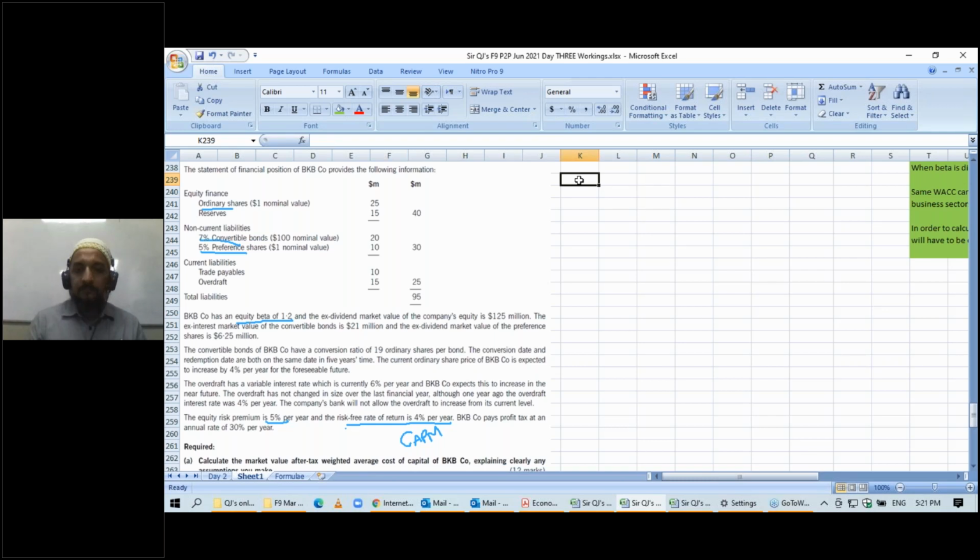We'll be taking the market value of equity, then the market value of convertible bond, and the market value of preference shares.